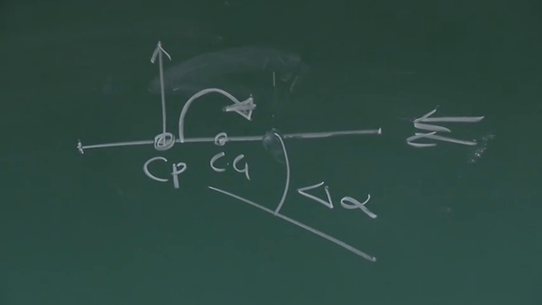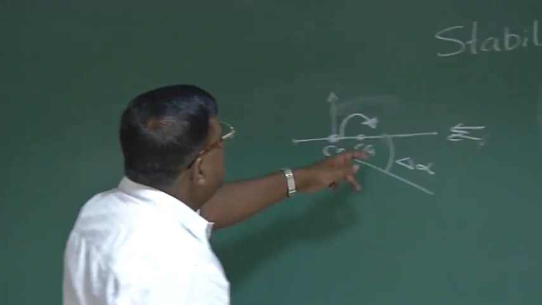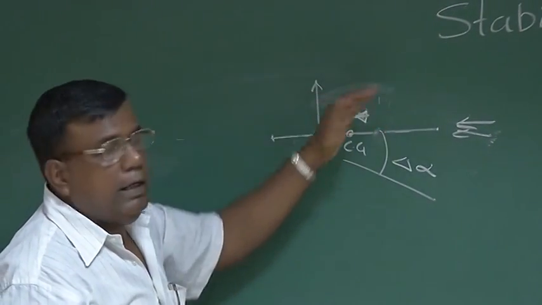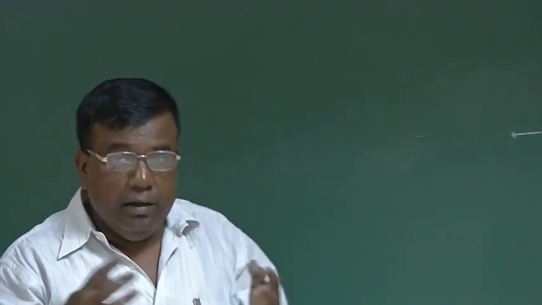So it has the initial tendency to bring back the plate to the normal equilibrium where it was alpha equal to 0 or alpha equal to some fixed number. More important, any disturbance, it is trying to counter it, trying to make it 0.